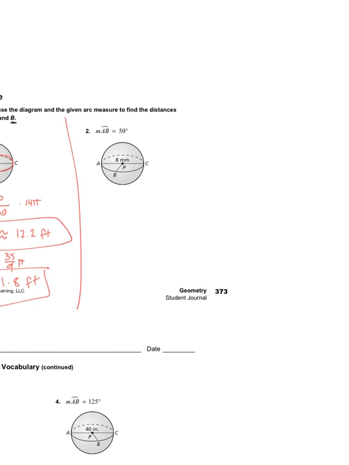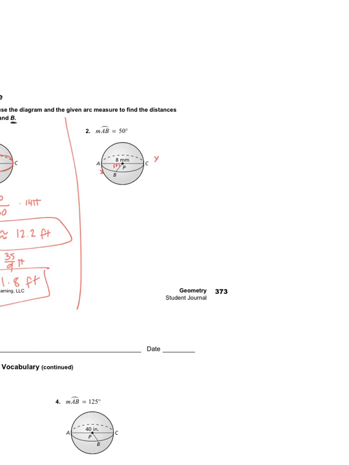So for question 2, we're given that the measure of AB is 50 degrees, which means that the corresponding central angle is also going to be 50 degrees. I'm also given the diameter is 8 millimeters. So I'm trying to find the two different distances. So again, I'm going to call arc length AB x, and I'm going to call arc length ACB y.